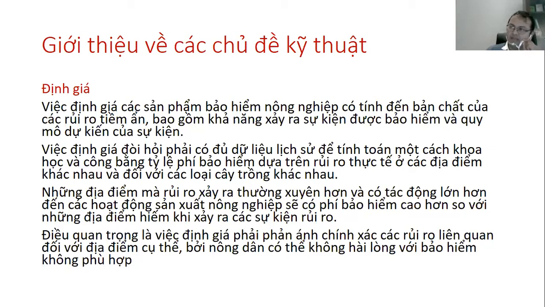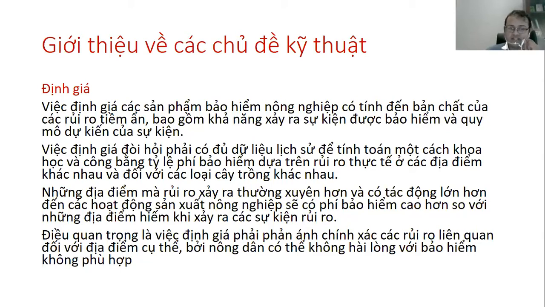Let's say it's a yield index product for rice, and we have collected a lot of data related to yield, related to weather, related to the farming practices, the loss experiences, and so on, for a specific area. And then the product has also been designed keeping in mind all of the above factors, and also using the agronomical information. So it's agriculturally a sound product. Now, in that case, we would now have to price that product.